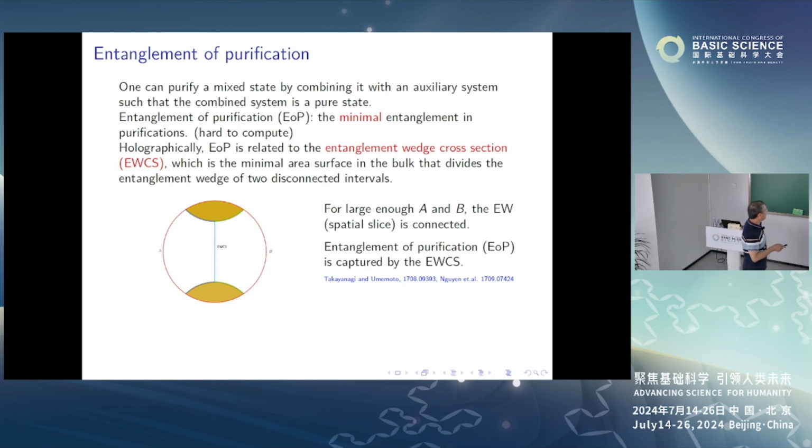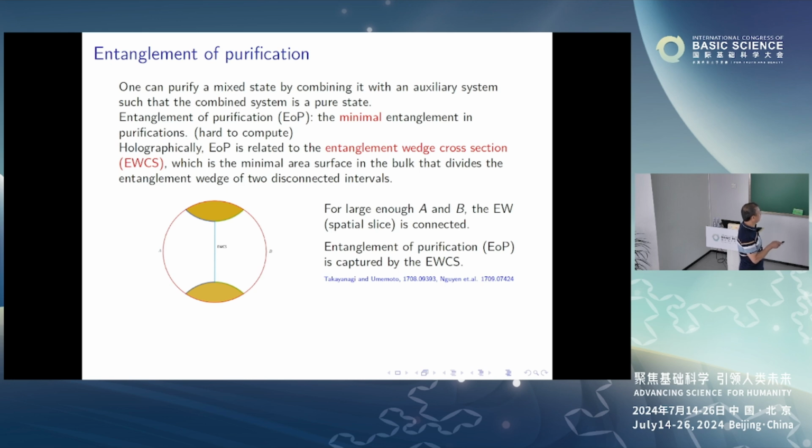Now we are working in the global patch of AdS. The boundary is this red circle, and we have A and B and the complement.